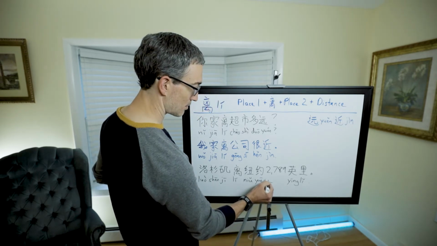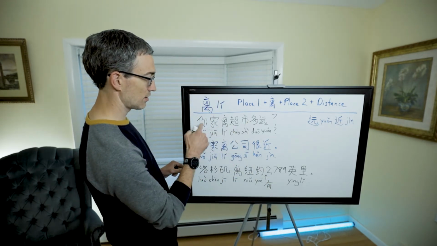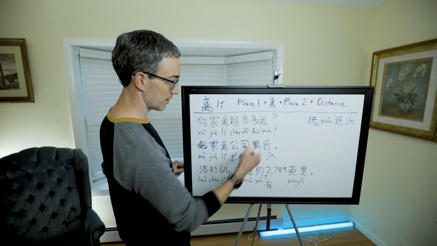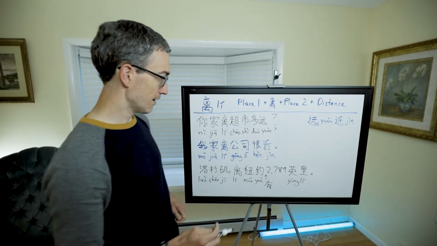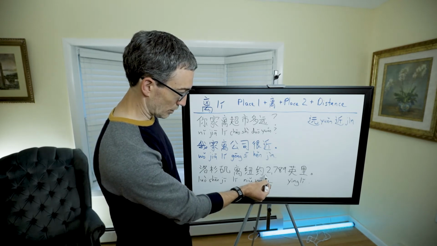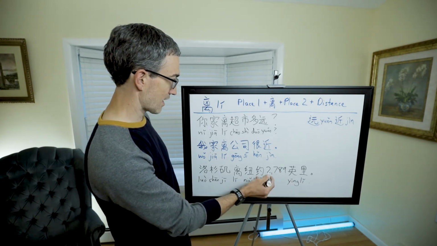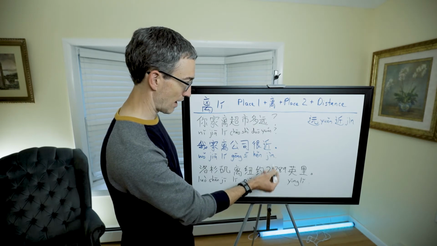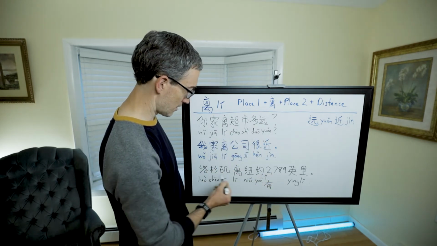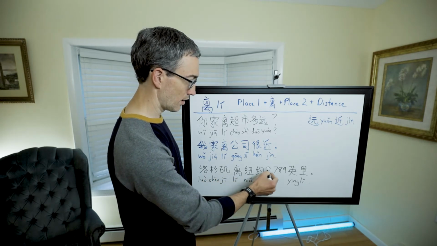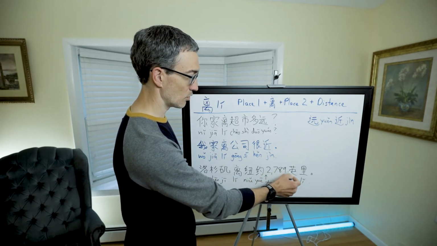That's possible in this question, 你家离超市有多远, or just 你家离超市多远. And in the same way, we could put it in the answer to that question. Obviously it's not the same places, but you could also say 洛杉矶离纽约有2789英里.